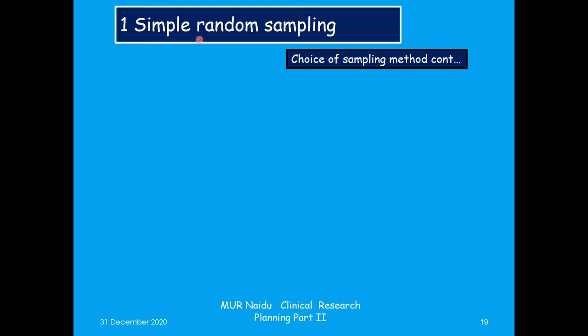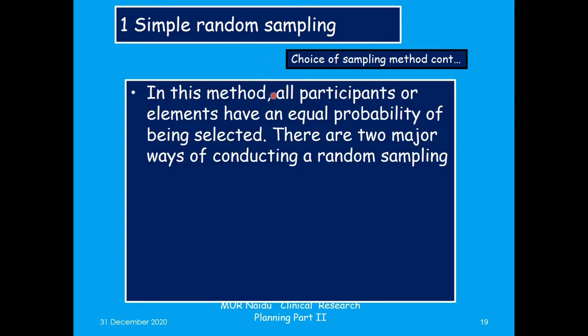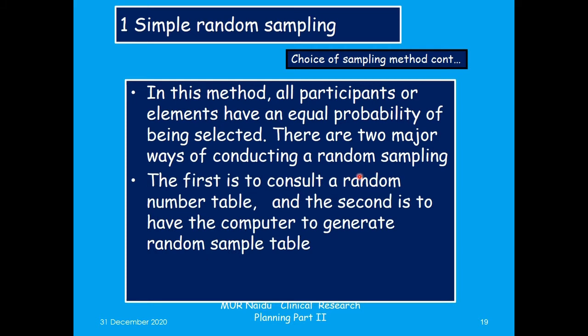Simple random sampling. In this method, all the participants or elements have an equal probability of being selected. There are two major ways of conducting this type of sampling. Number one, consult a random number table, from where you can prepare your random list.